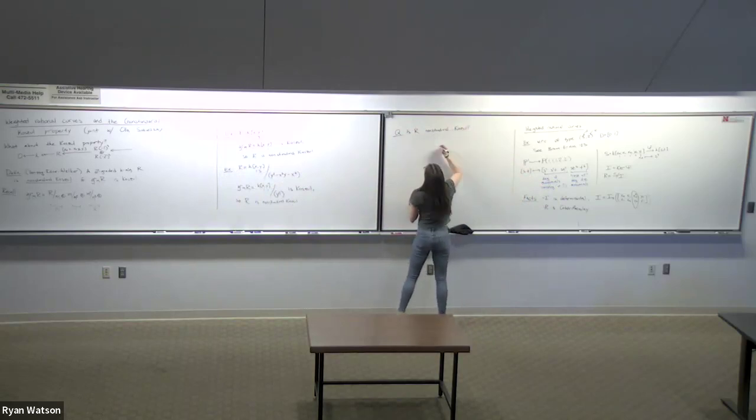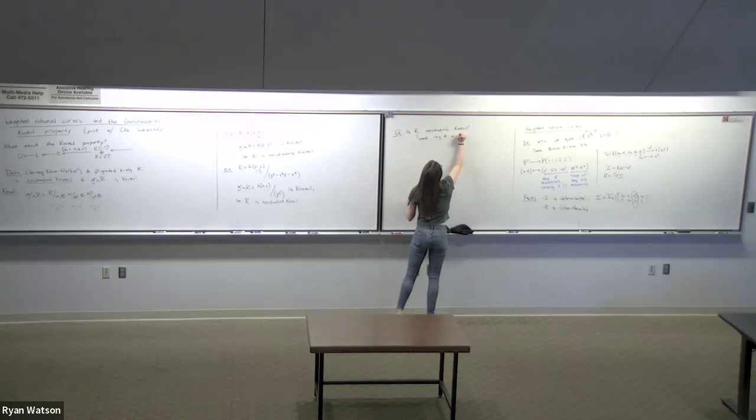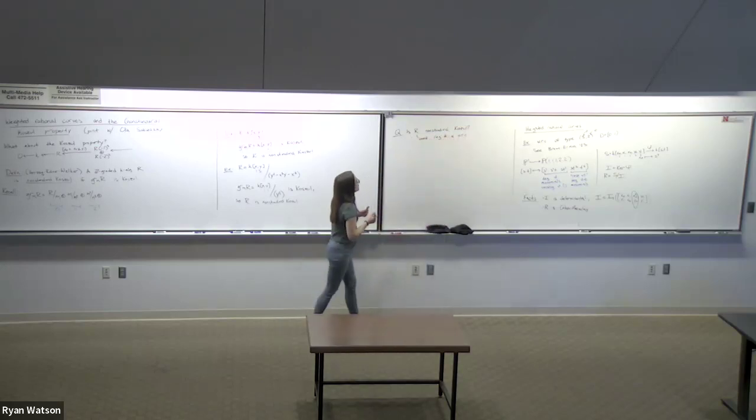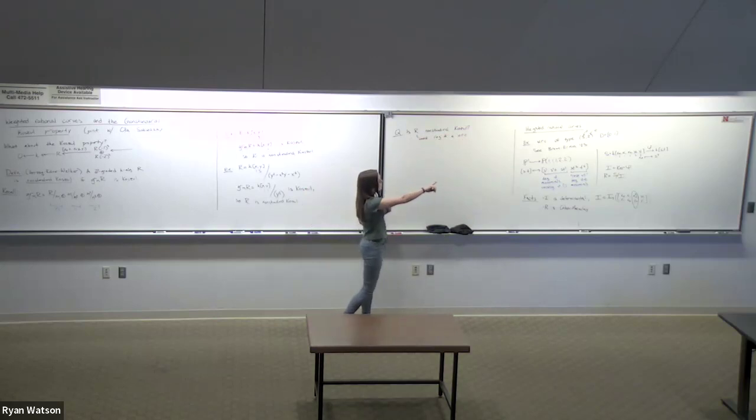So is R non-standard Koszul, where this is the coordinate ring of either this particular example or maybe one of these weighted rational curves in general. Okay, so I'll focus mostly on this concrete example, and I want to tell you what the associated graded ends up looking like in this case.